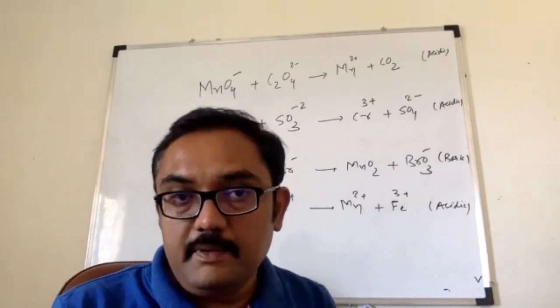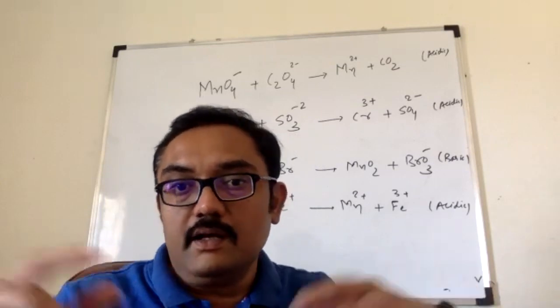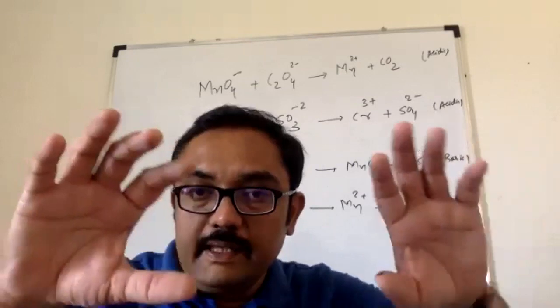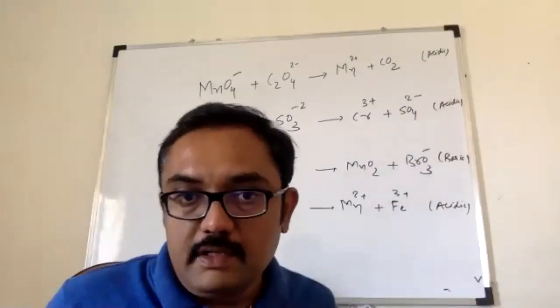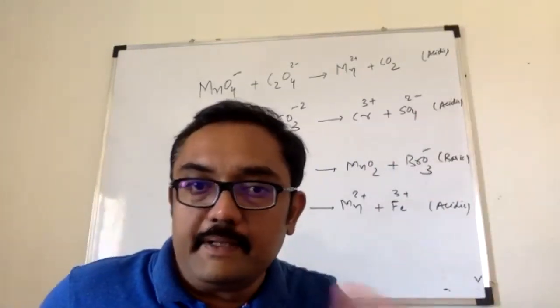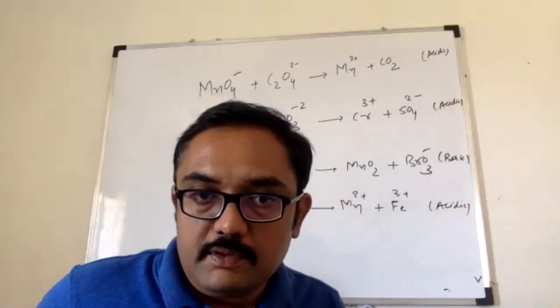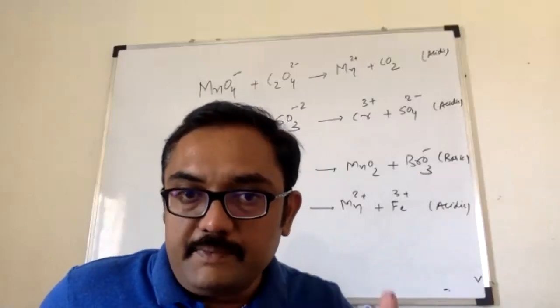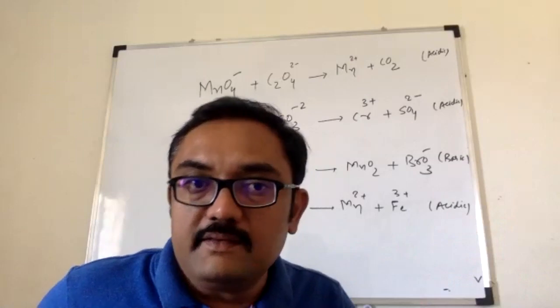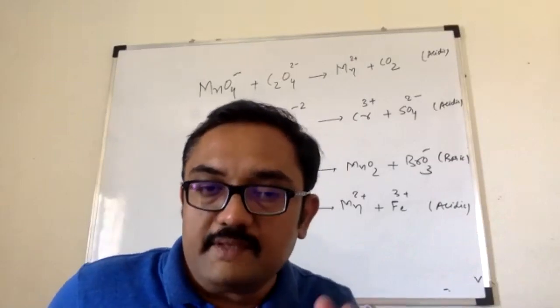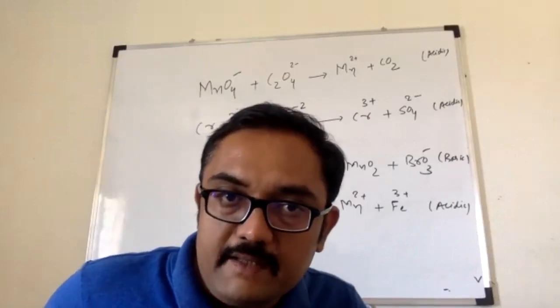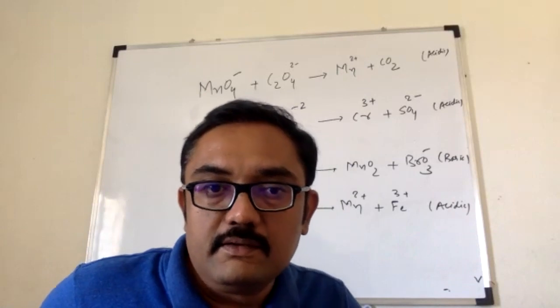Your next step, step 3: balance the difference in oxidation number. Make the increase equal to the decrease. For that, whichever half you need to multiply, multiply that half. Step 4: balance the charge with H+ if the medium is acidic and OH- if the medium is basic.